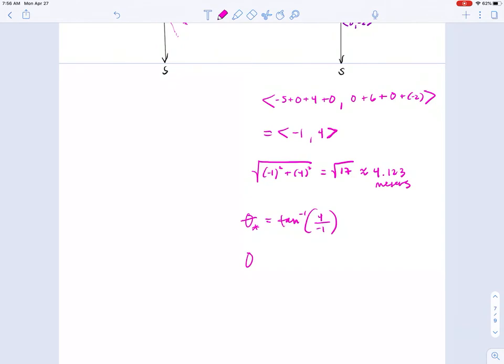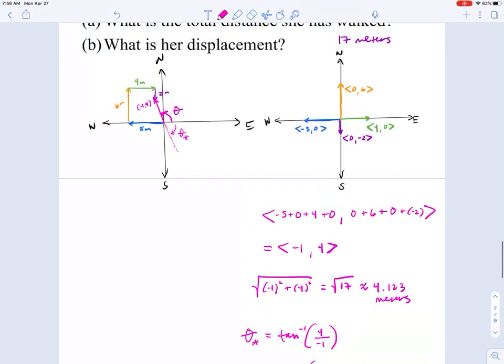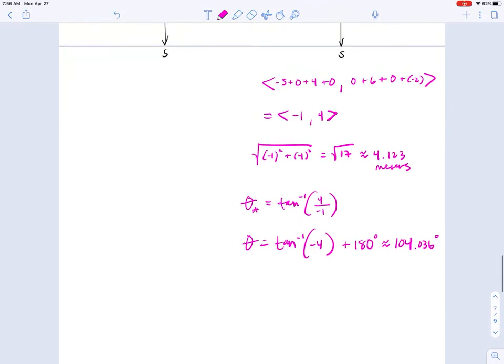So if I were to add 180 degrees, I'll call that the angle theta, although I think I'm going to want to use a different angle to describe the direction. So if I add 180 degrees to inverse tan of -4, that gives me the angle 104.036 degrees.